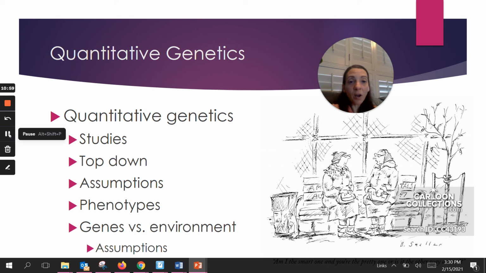And then they have an unrelated sibling, like a step sibling. That helps to determine whether it's environmental or genetic. Because if you have a step sibling who is raised in the same environment and they become aggressive or have these disruptive behaviors, then they're more likely to say that it's environmental. If they don't have it, then they're more likely to say that it is genetic.